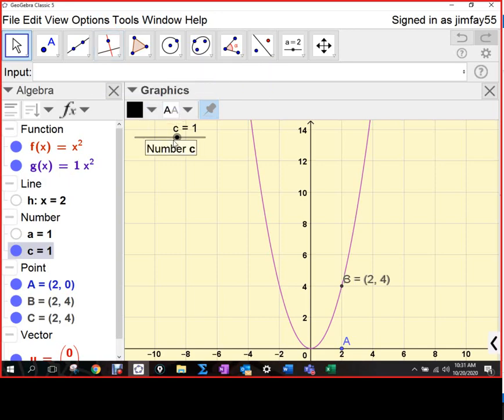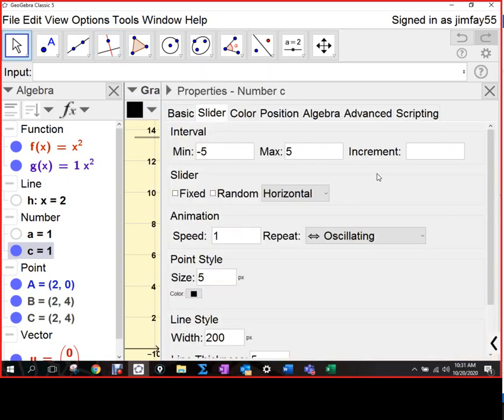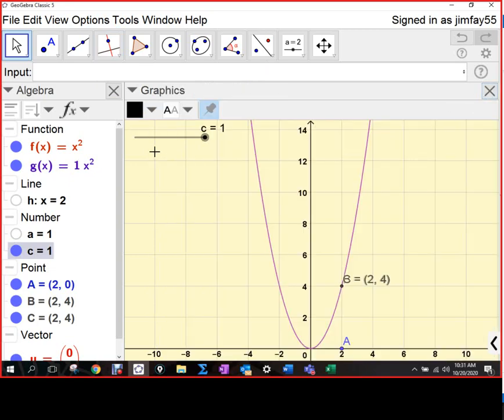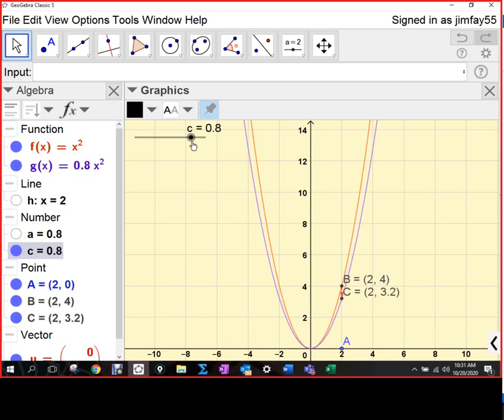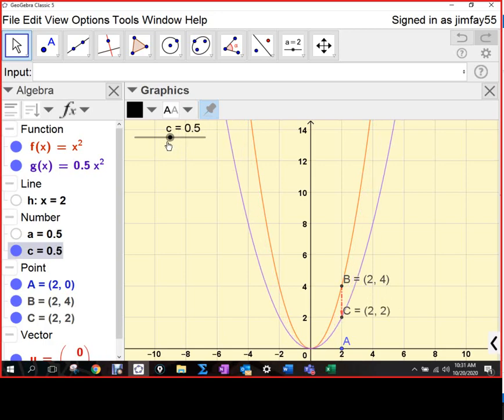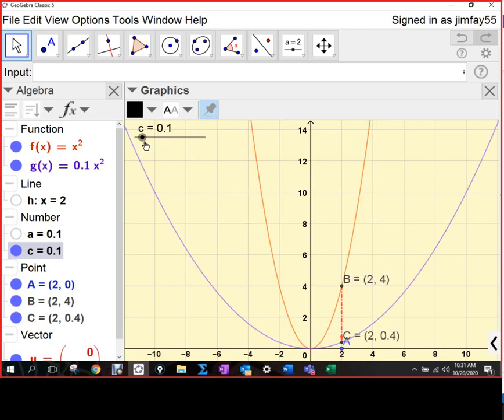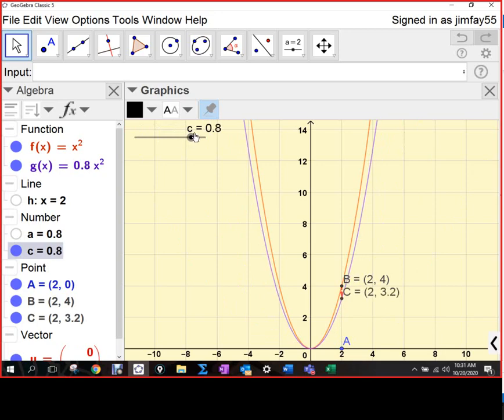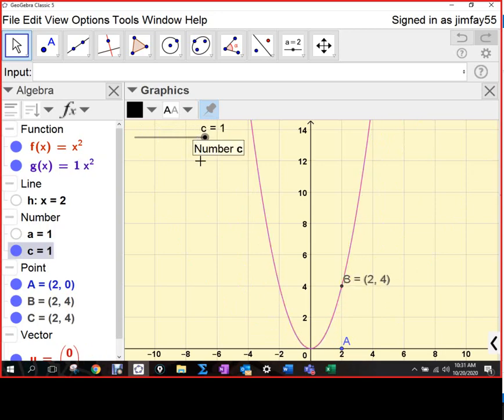So when you have a C value out in front that is between 0 and 1, now we get what we call a vertical shrink, or a vertical compression. I like to think of my parabola, and a lot of my polynomial functions, as springs.